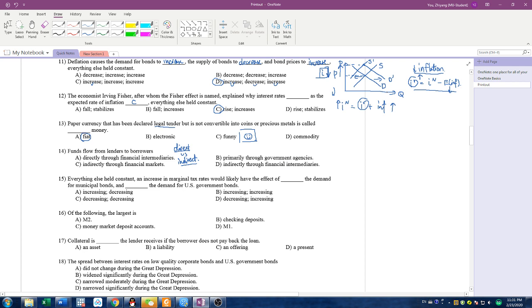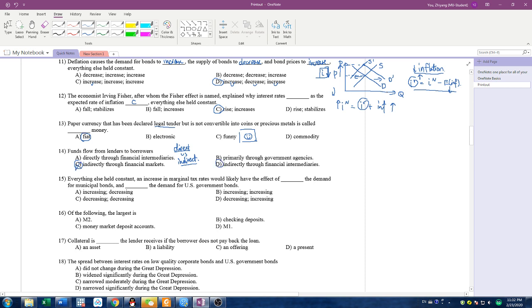securities, well, especially if there are government agencies, then it could be financial intermediaries, right? And it says indirectly through financial markets, or indirectly through financial intermediaries. Okay, so what is interesting about C, sorry, this is not the right answer.